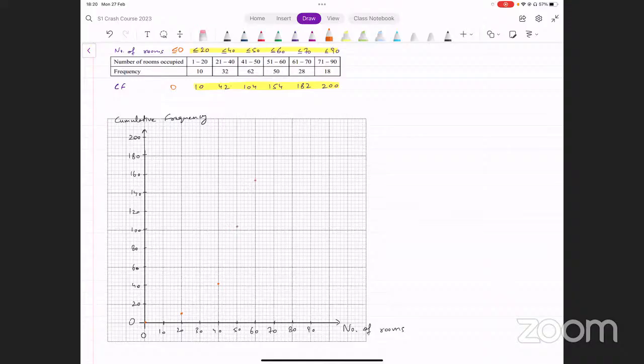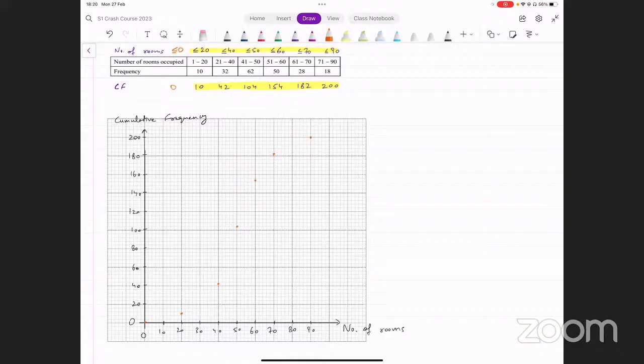At 70, you have 182. And that will be this point. And then finally, at 90, you have 200. These are all the points that you have.